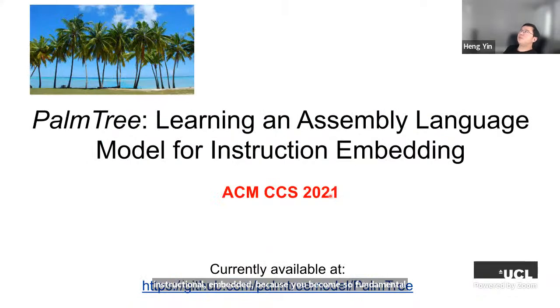If we can learn a better instruction embedding model, it will benefit all other downstream binary analysis tasks, including binary diffing, including vulnerability search, and so on. Okay, so this is essentially our work published in CCS 2021. It's PalmTree. Essentially, we're learning this assembly language model for instruction embedding.